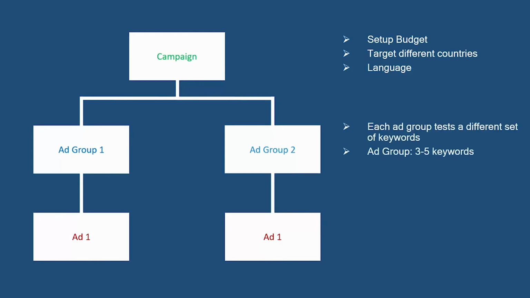In an upcoming lesson, you will learn how to find your keywords and how to set these up in your ad groups. But as a general rule, you should have multiple ad groups with 2 to 5 keywords in each ad group. The lowest level consists of your ads. Here, you will be testing different variations of your ads. You could test headlines, ad descriptions, you could highlight different features and benefits in your ads.